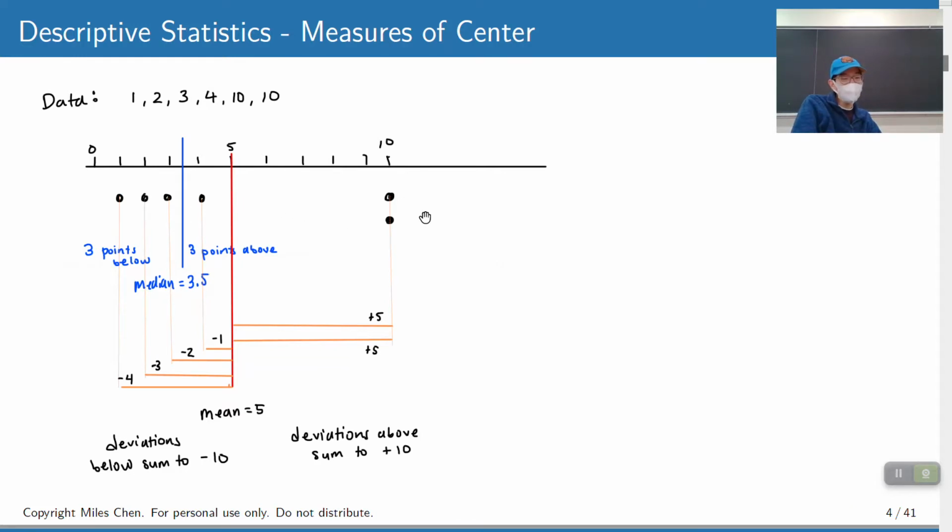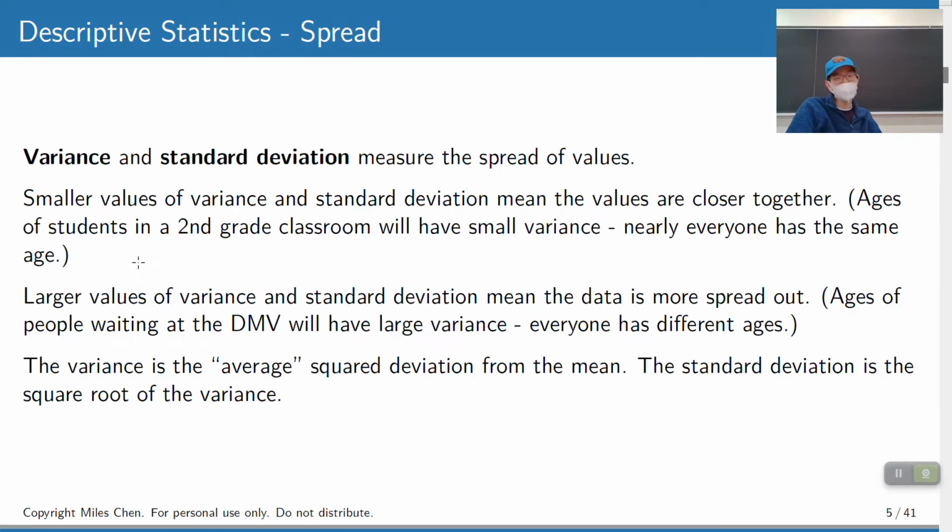Whereas the median doesn't care. It just needs numbers: as long as you have 3 over there and 3 over here, the median is happy. So those are your basic measures of center, the mean and the median. And then you probably talked about measures of spread.